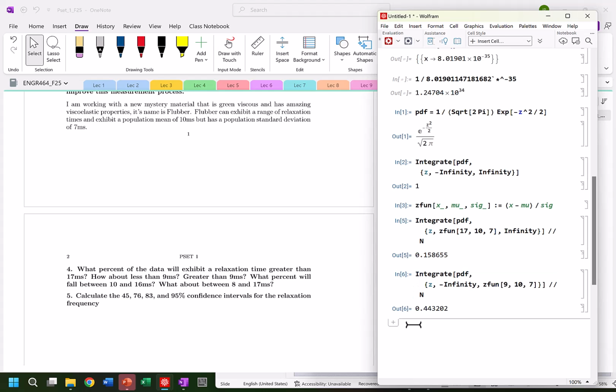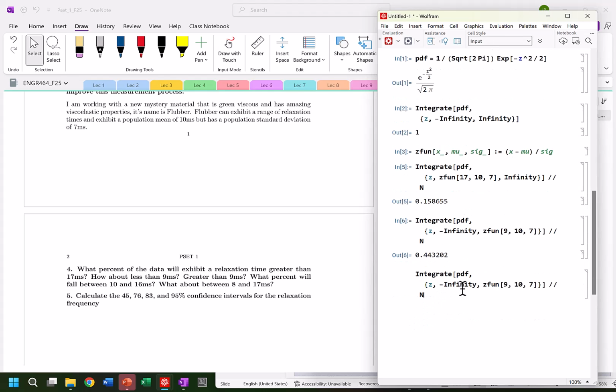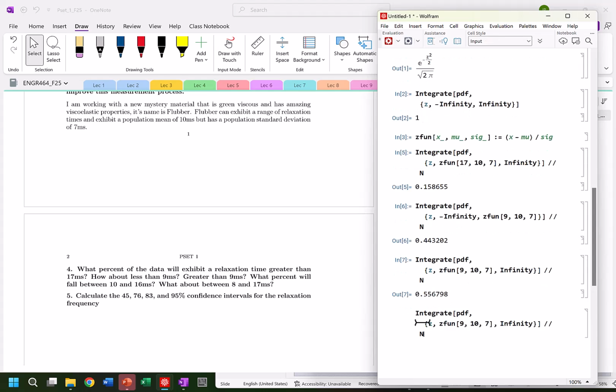Next one, greater than 9. I'm just going to go from 9 to positive infinity. Good. What else? Between 10 and 17, or 10 and 16, excuse me.